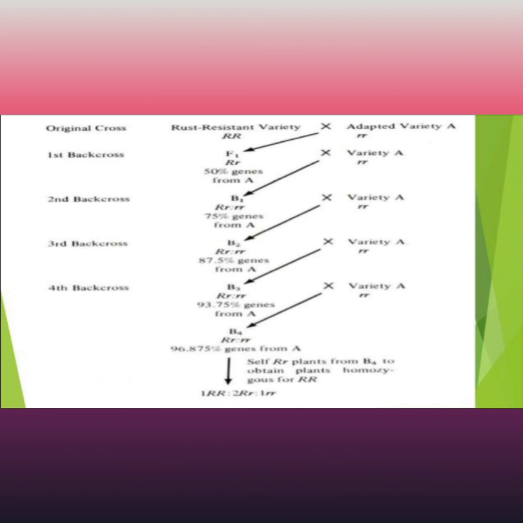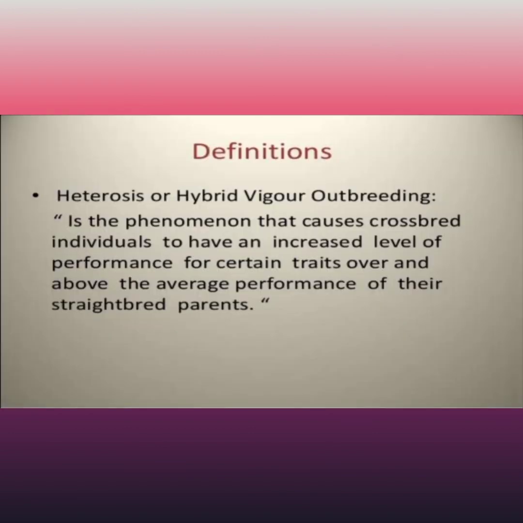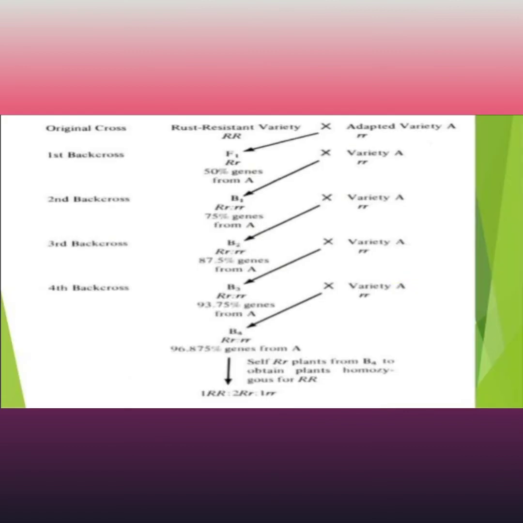In the same way, each heterozygous individual is backcrossed with the recessive parent, and finally we get 1 dominant RR, 2 heterozygous Rr, and 1 recessive rr. That is the result we get. Okay, this is about today's lecture related to the bulk method, pedigree method, and the backcross method.